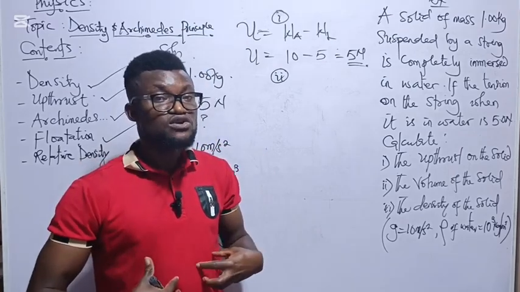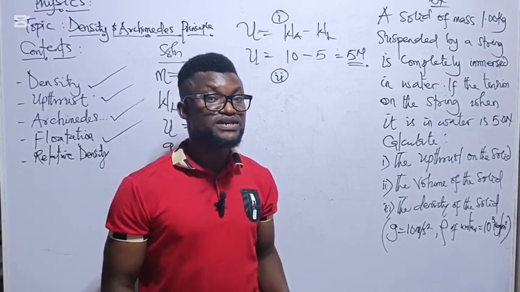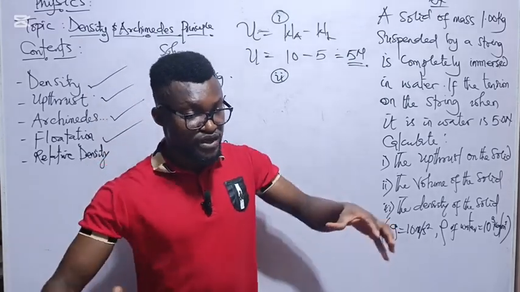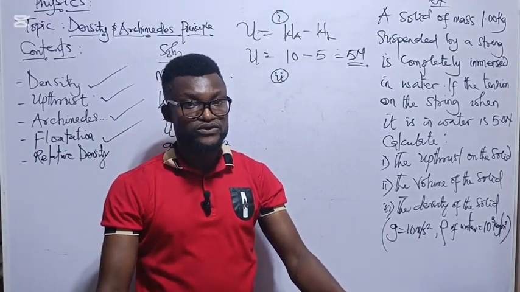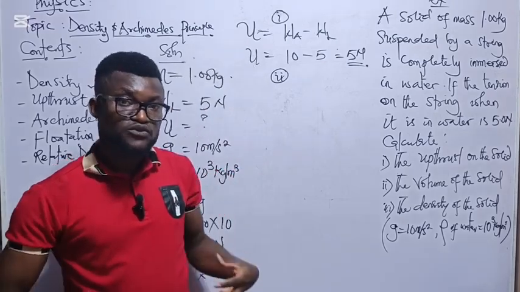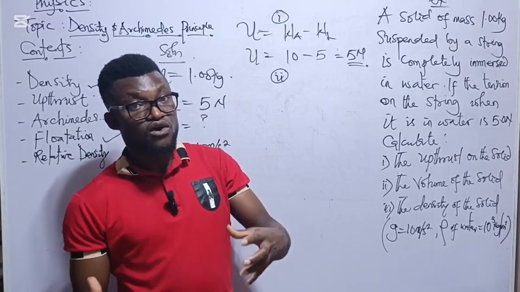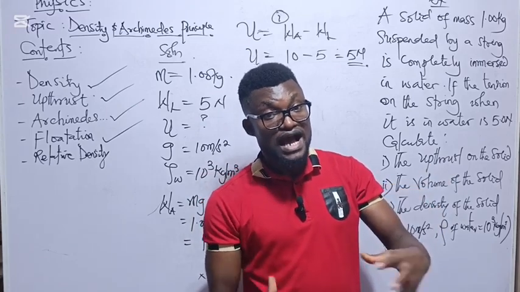So the volume of a body immersed totally in a fluid will be equal to the volume of the fluid displaced. Take for example, when you get a body, you immerse it totally in a fluid. The very space which the body takes is the volume the body has.